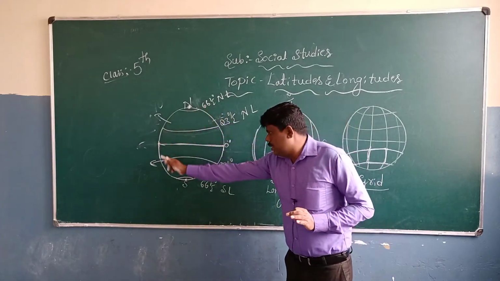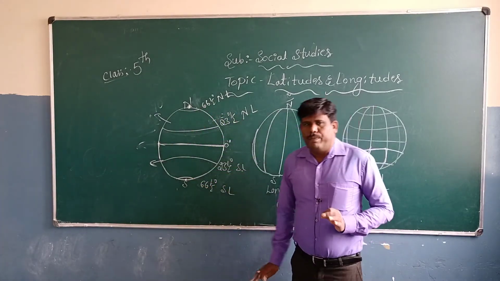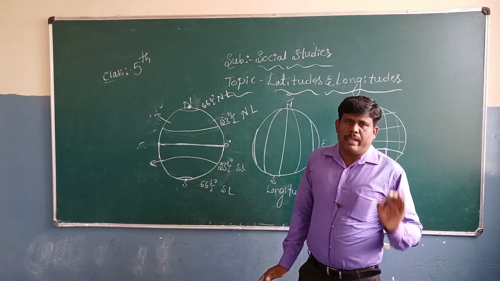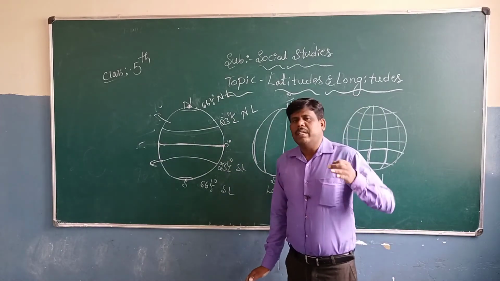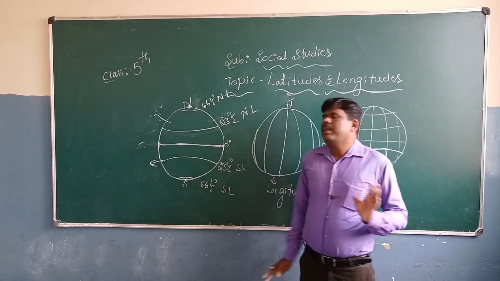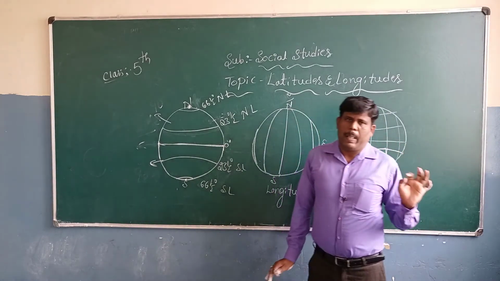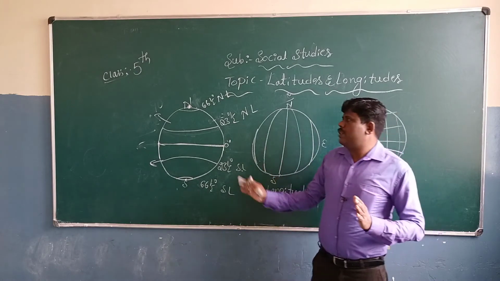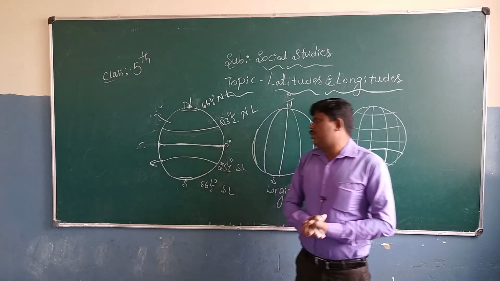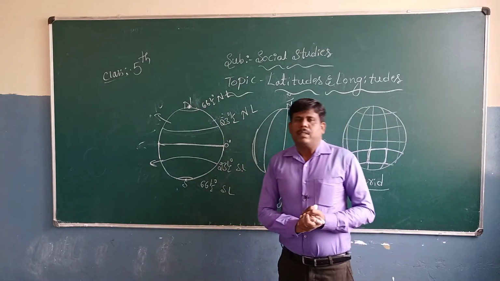So on the earth there are 5 important latitudes, and except the equator, 4 are mentioned.